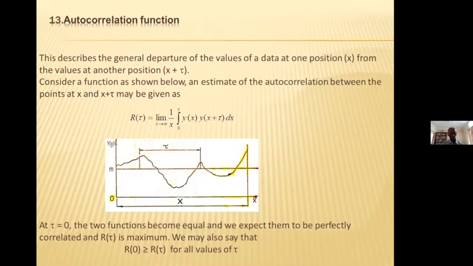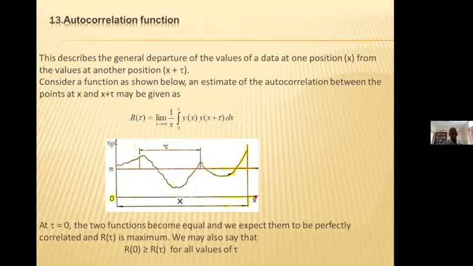So obviously, if tau is 0, the functions become equal, and they are perfectly correlated, and there R tau is maximum. So we can say that R0 is always greater than or equal to R tau for all values of tau.